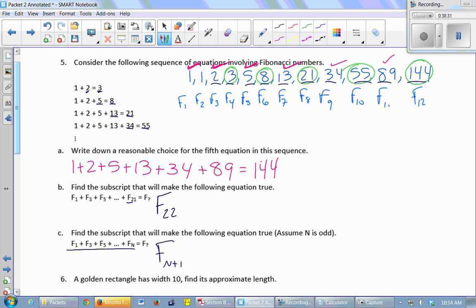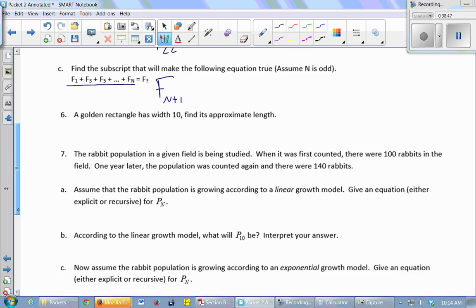Does that make sense? Okay. So basically, this is just practice recognizing a pattern and expressing it using the sequence notation that we have learned. Yeah, Tyler.